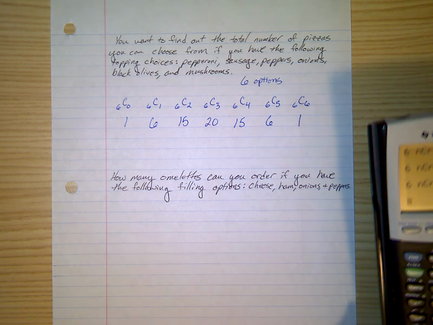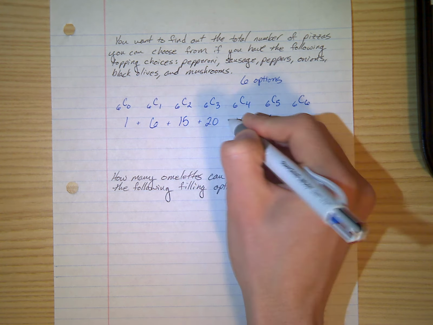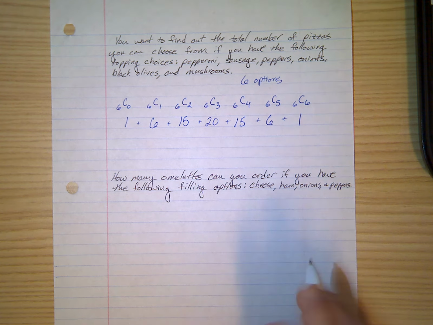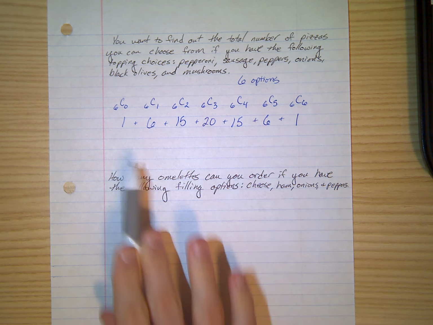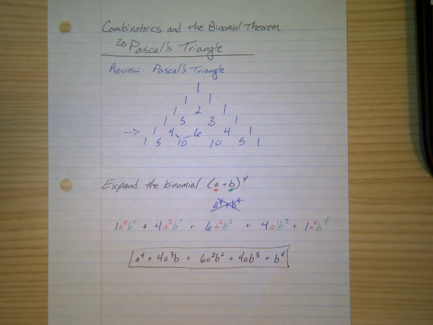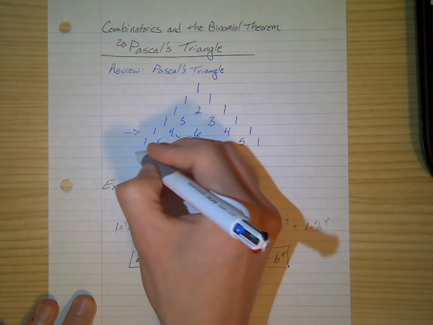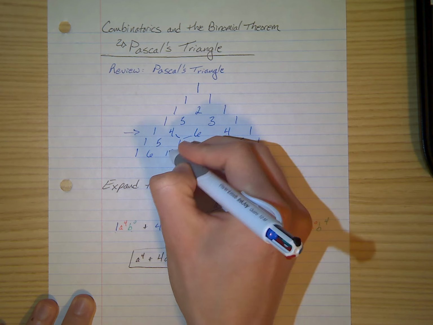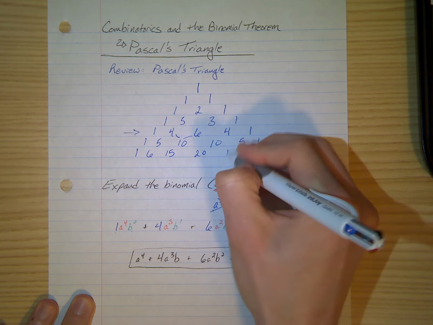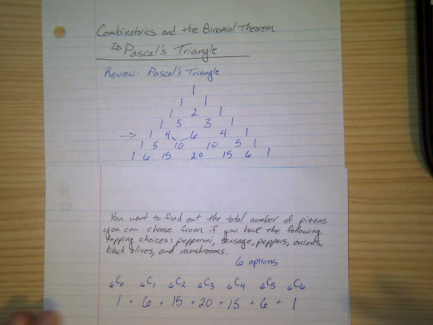So what you'd actually be doing is adding them all together. All right, but where do we see these numbers? Well, we didn't get there before, but if we look at the next line in Pascal's triangle, 1, 6, 15, 20, 15, 6, and 1. Gasp, it's the same thing, okay?